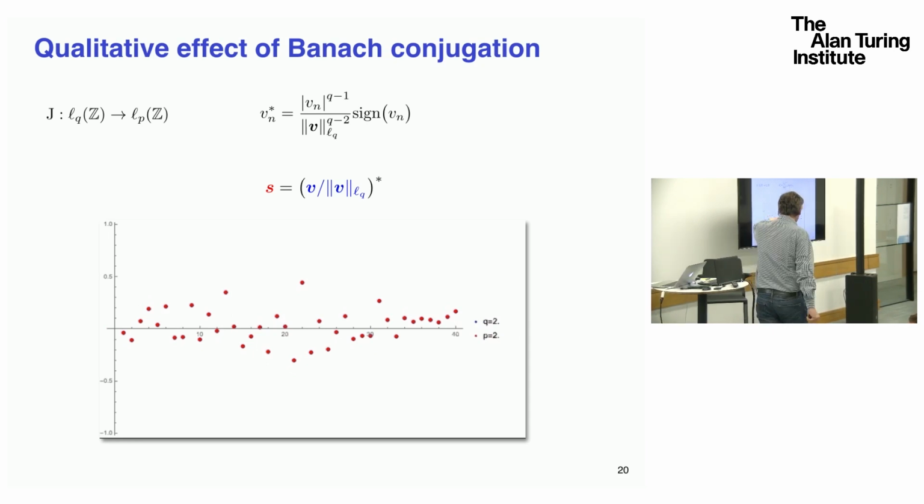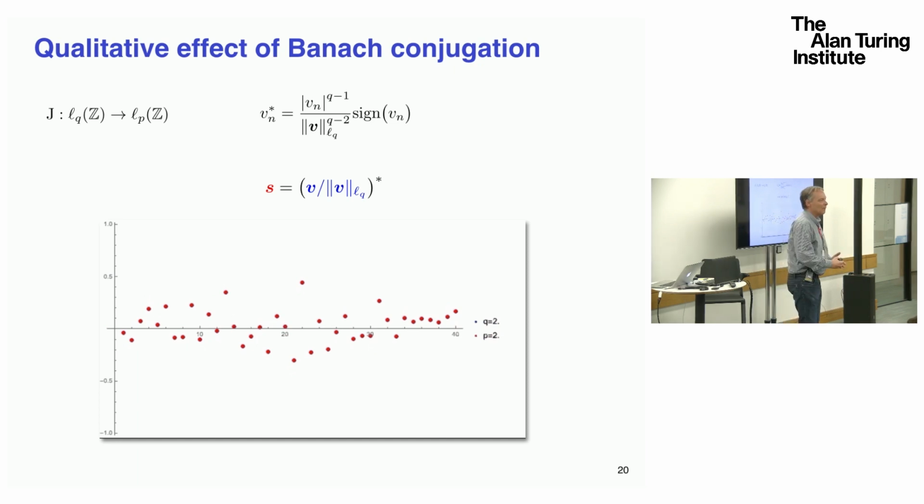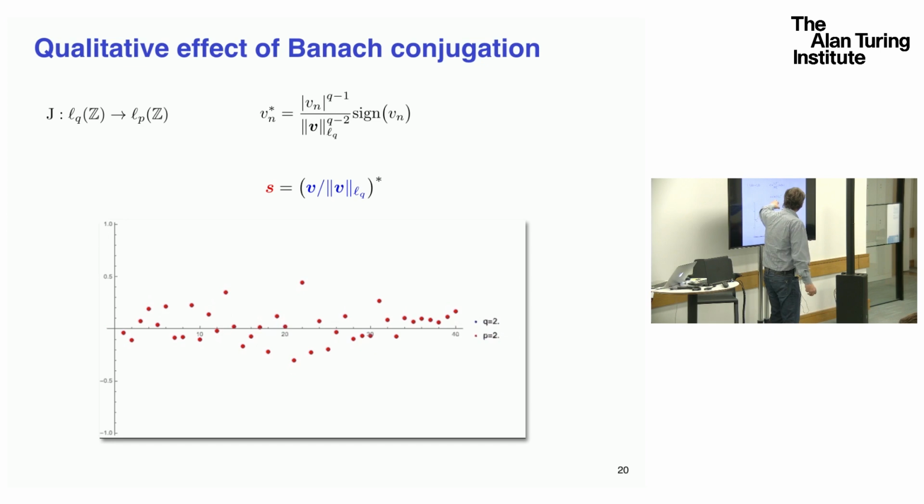So here on this graph, in red, you have a random vector, and the other color is its conjugate, but for 2 they're equivalent. Now I will be normalizing the vector by the LQ norm just to ensure this isometry.